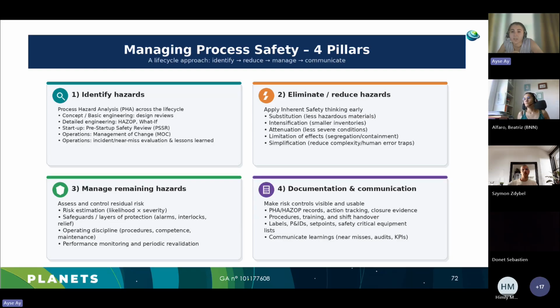Obviously, it is normal to not be able to eliminate all hazards from the system. That's why you should manage the remaining hazards. This involves assessing the residual risk. Here we have another risk definition, likelihood multiplied by severity. And then in the end, we are documenting our assessments and communicating with our team.